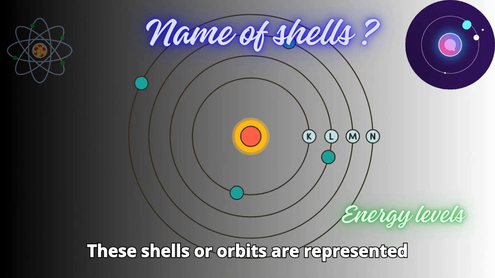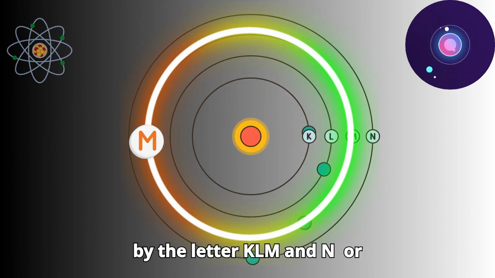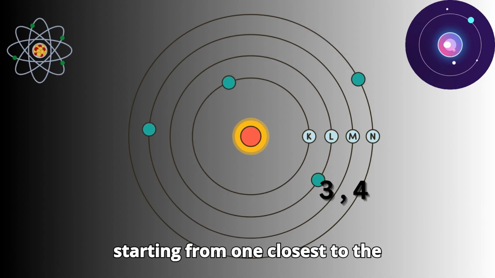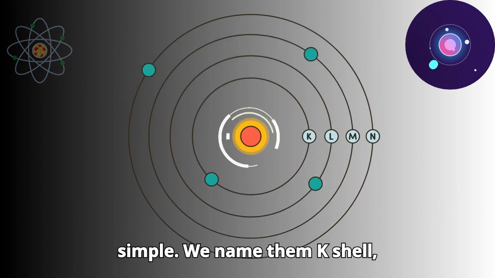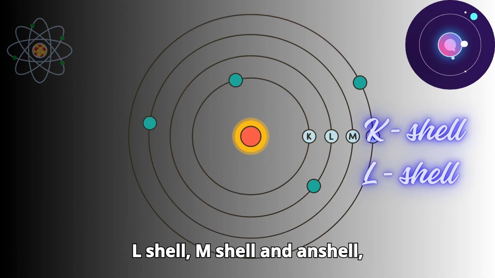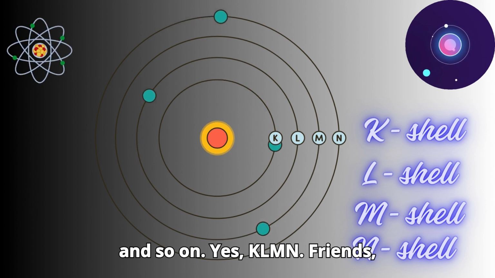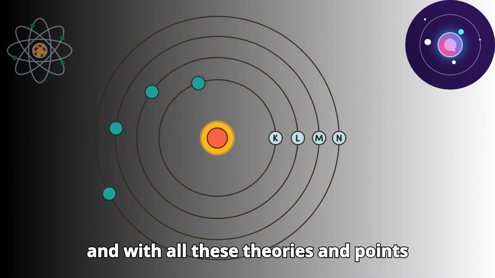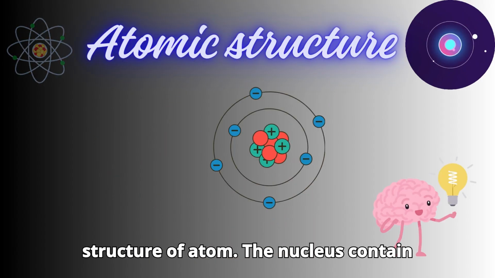These shells or orbits are represented by the letters K, L, M, N, or by the numbers 1, 2, 3, 4. It's simple. Starting from the one closest to the nucleus, we name them K shell, L shell, M shell, and N shell, and so on. Yes, KLMN.